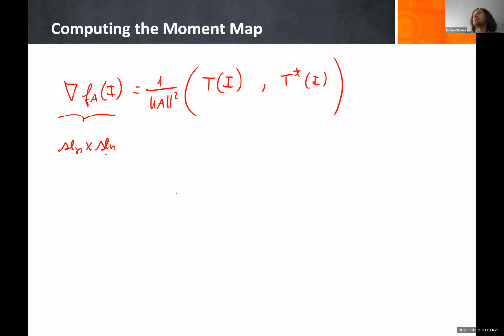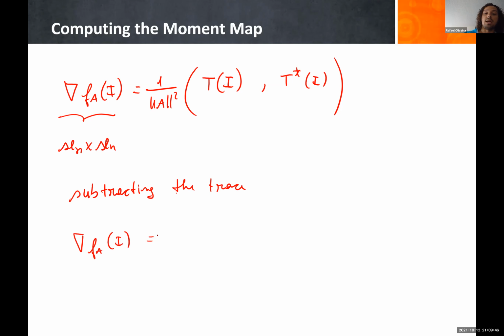But these are the traceless matrices. And all we forgot to do here is to subtract the trace part, right? So once you subtract the trace, we actually get the identity.